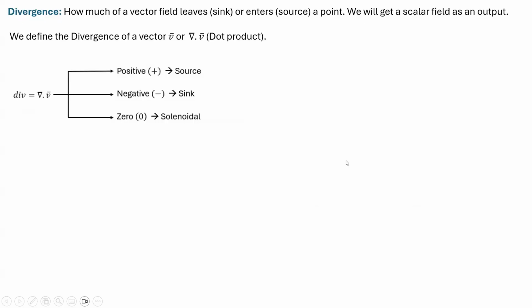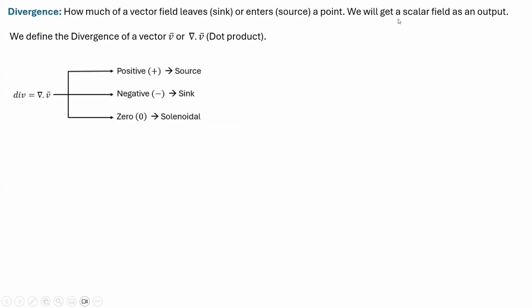Now, we'll look into divergence. It tells us how much a vector field leaves or enters at a particular point. For gradient, we get a vector field as an output, but for divergence, we get a scalar field as an output.